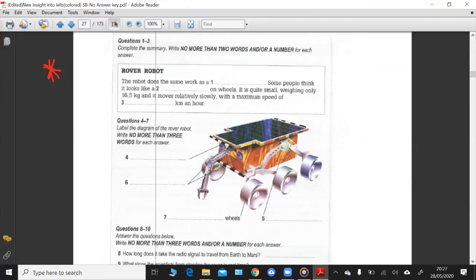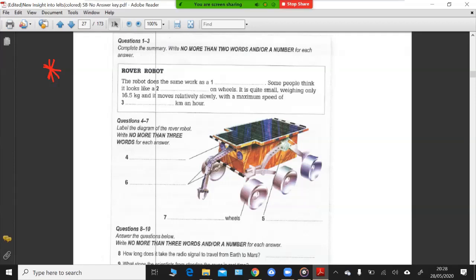It says rover robot. The robot does the same work as a dash. Some people think it looks like a dash on wheels. It's quite small, weighing only 16.5 kg, and it moves relatively slowly with a maximum speed of dash kilometers an hour. So what do you think?